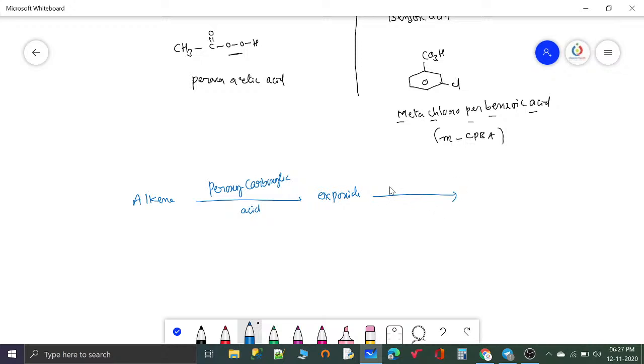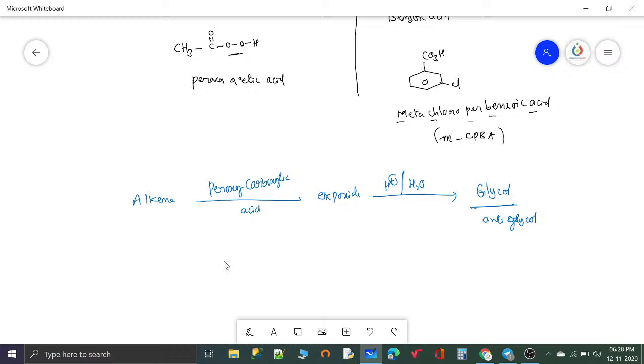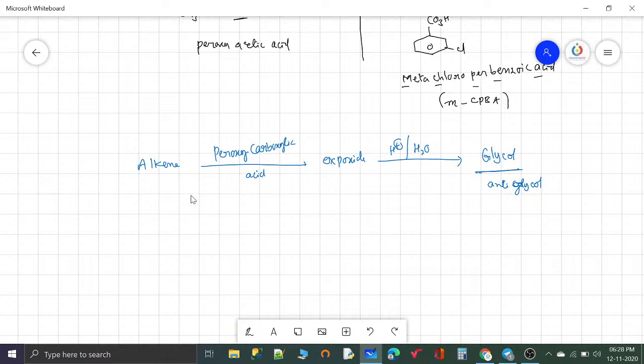If this epoxide is subjected to any mineral acid in the presence of water, that means aqueous mineral acid, then you will get the glycol. It is also an anti-glycol, meaning we can expect an anti-addition reaction. So, I will take some examples. What does it mean by epoxide and what are these remaining products?